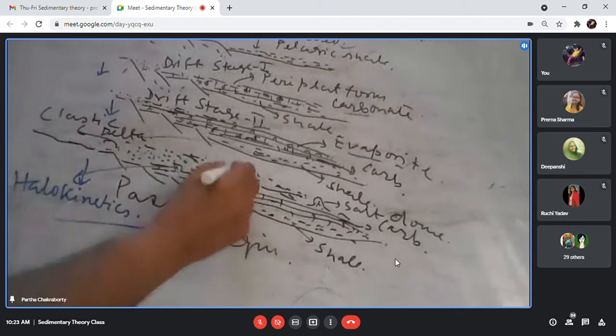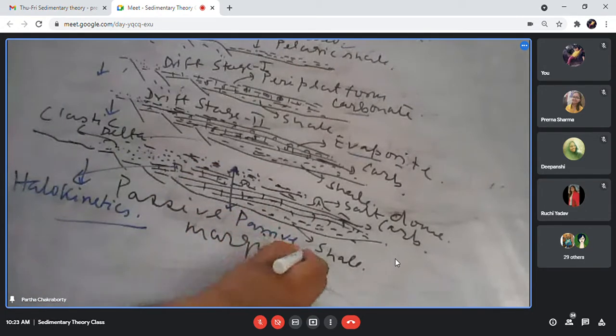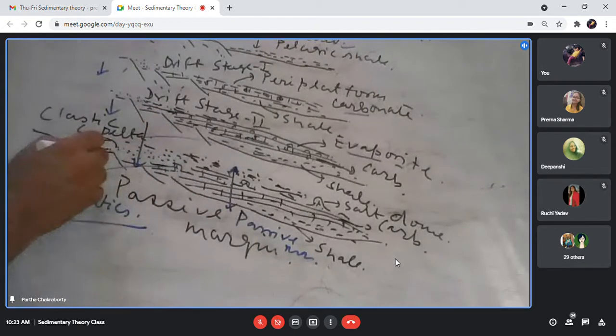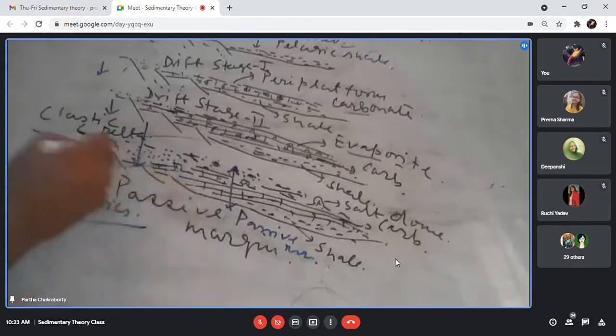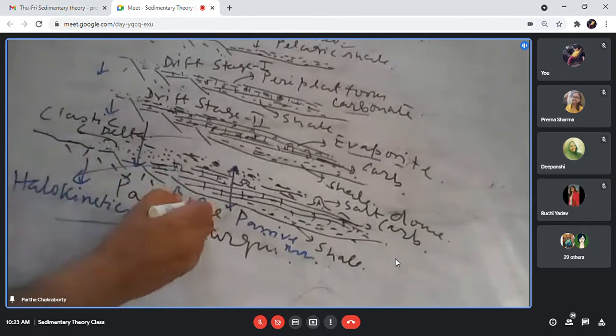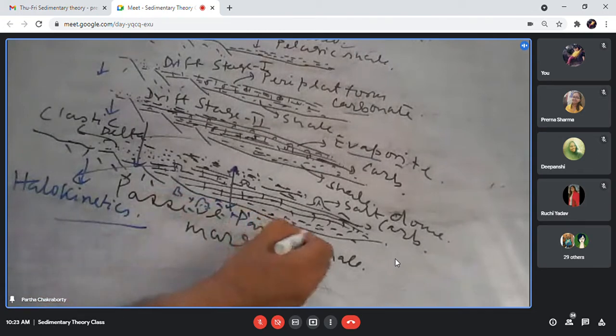The entire package is a typical passive margin package. If you drill in this delta, you will get the remnants of the earlier rift system and the transition. So this is continental crust, this is the transitional crust, and then you have the oceanic crust.